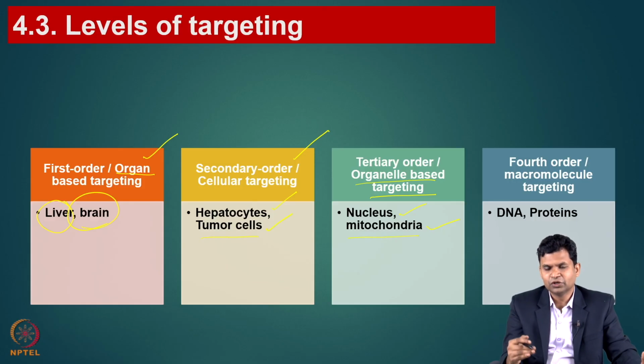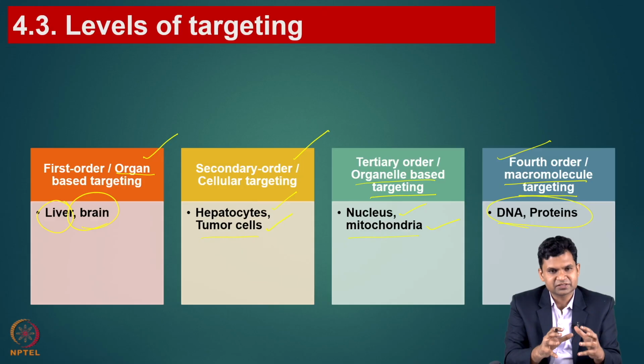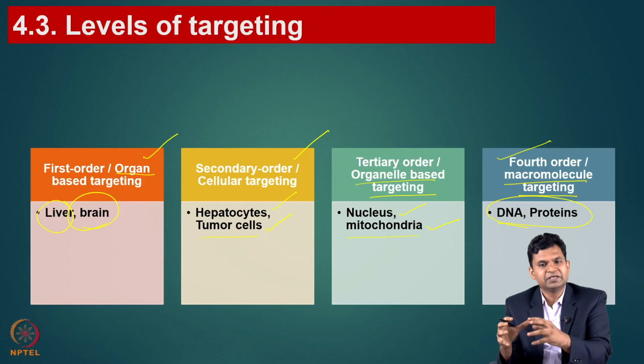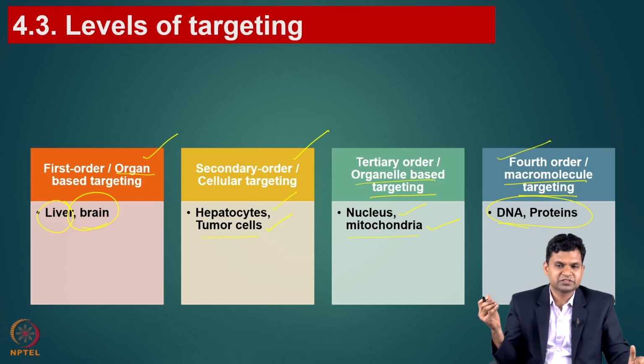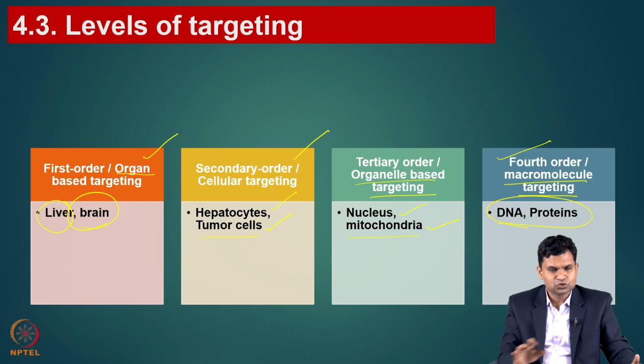And the fourth one is that you can go even deeper into the cells: macromolecular targeting, called fourth order, where we can also target DNA and proteins by using this targeting strategy. So, organ based targeting, cellular targeting, then organelle based targeting, and the last one is molecular targeting. With all these systems we can target various types of diseases.